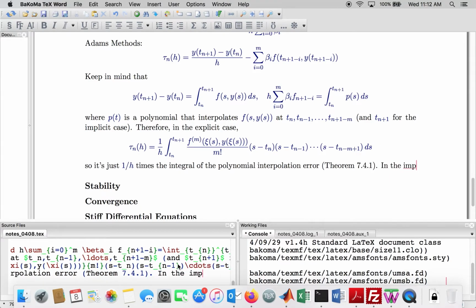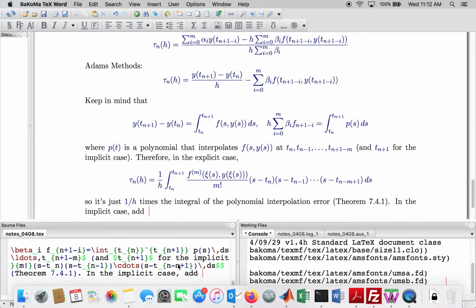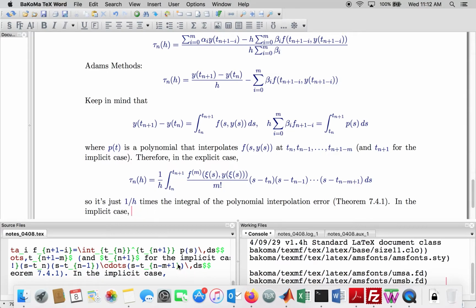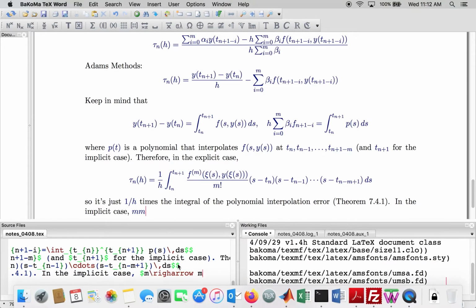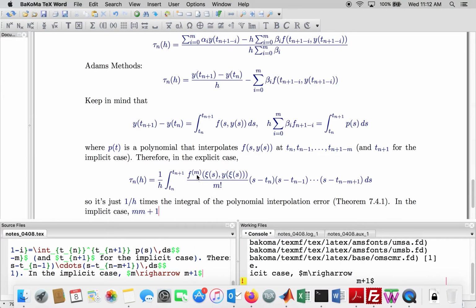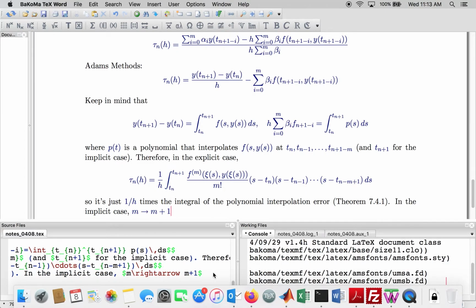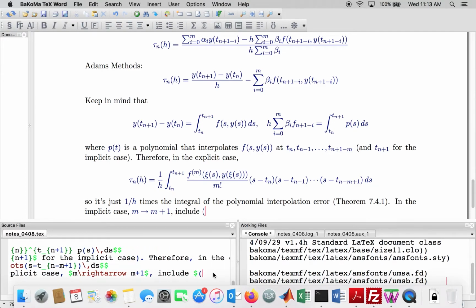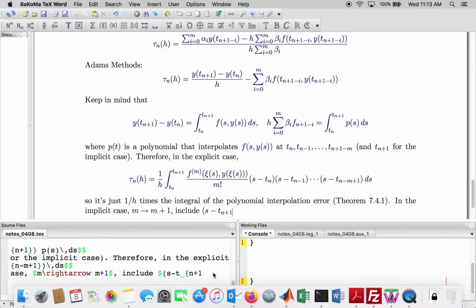In the implicit case, m changes to m plus 1 in the derivative and in the factorial, and we include the linear factor s minus t n plus 1.